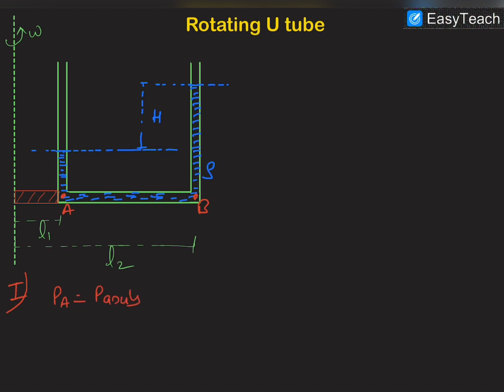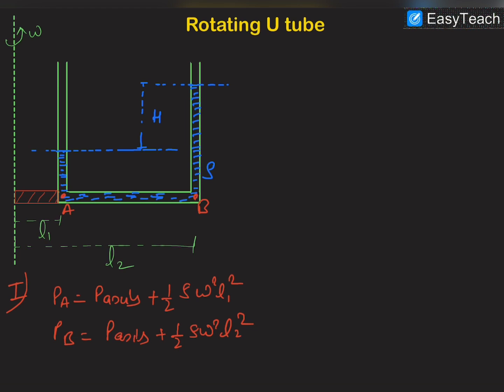We are assuming that there is some liquid filled in this tube. So PA will be equal to P axis plus half rho into omega square L1 square. Now PB will be equal to P axis plus half rho into omega square into L2 square.